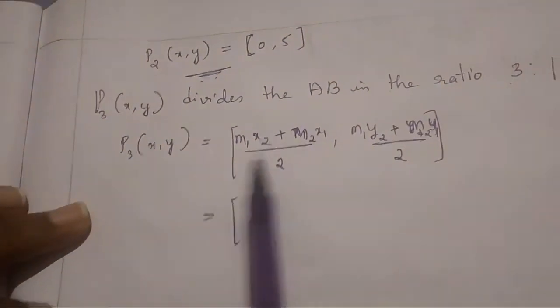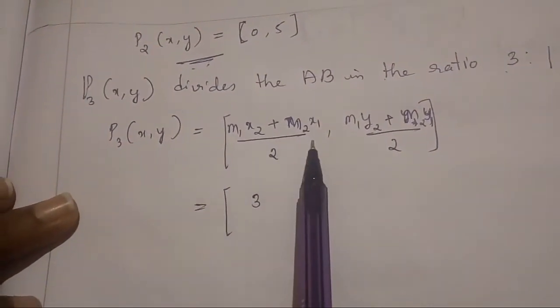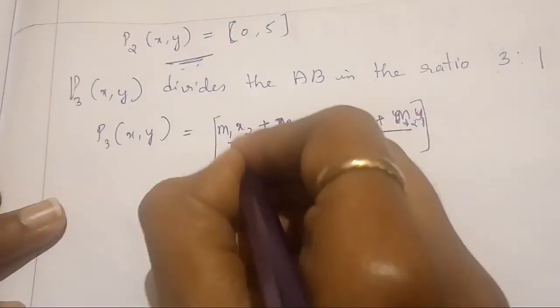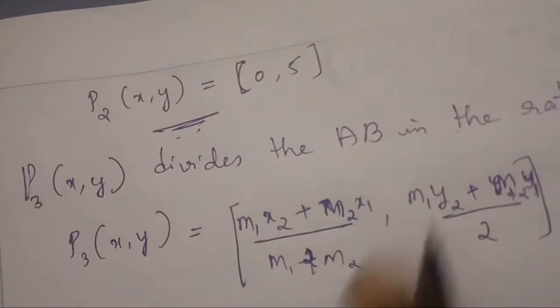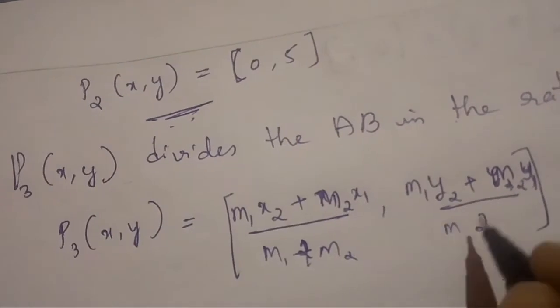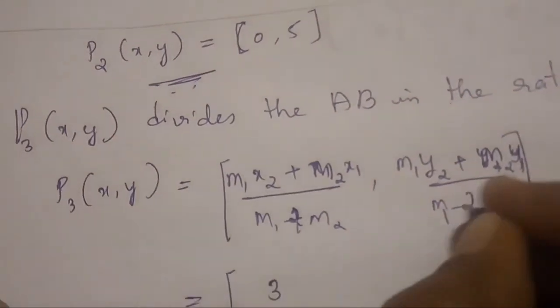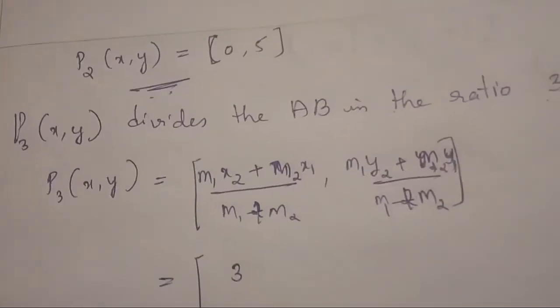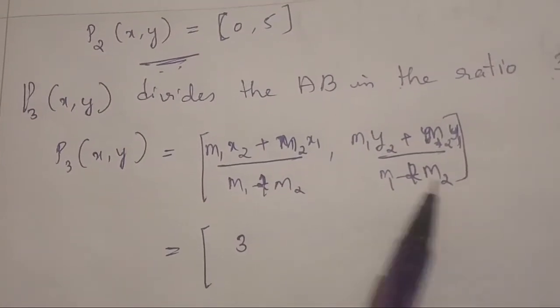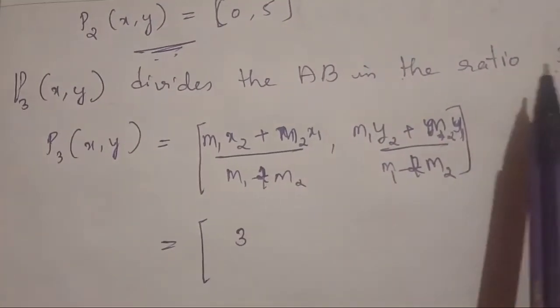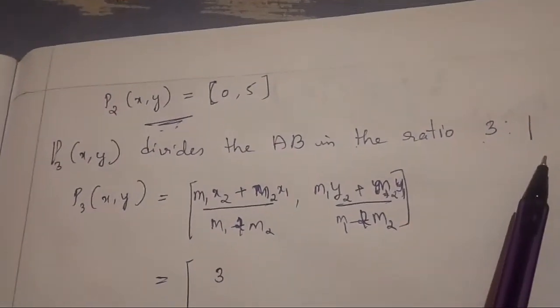P3 of x comma y is equal to (m1 x2 plus m2 x1) divided by (m1 plus m2), then (m1 y2 plus m2 y1) divided by (m1 plus m2). For this you need to apply the values of m1 and m2. Here m1 is 3 and m2 is 1.